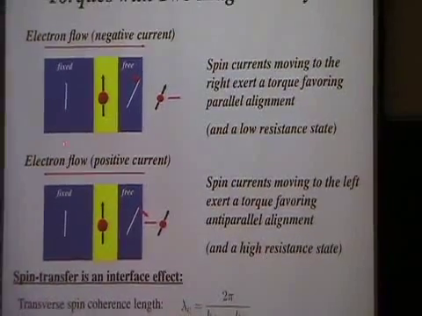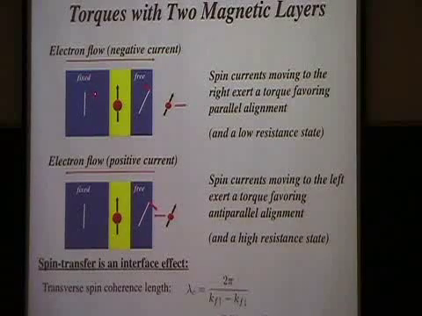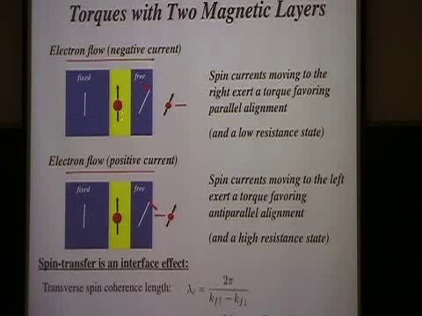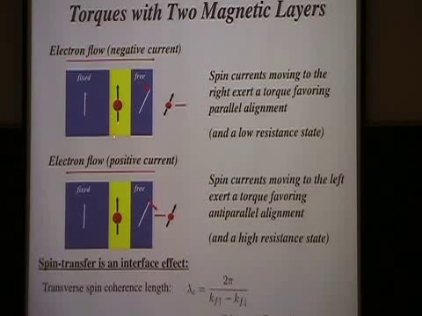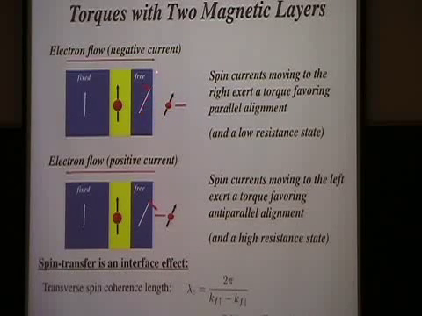So the thinking is, what happens if now you have a situation like you do in a multilayer, where you have two magnetic layers separated by a non-magnetic layer? Imagine this is a very big layer that sets the polarization of the electrons in this intervening non-magnetic layer. So electrons come in, they become polarized, and they interact with the second layer, and they come out with their polarization in the direction of the second layer.